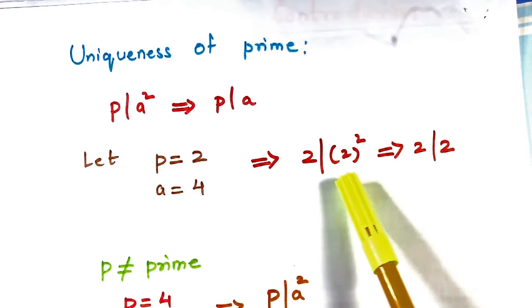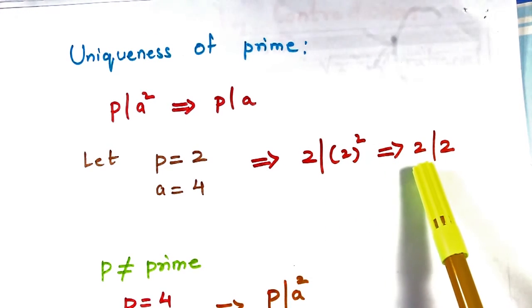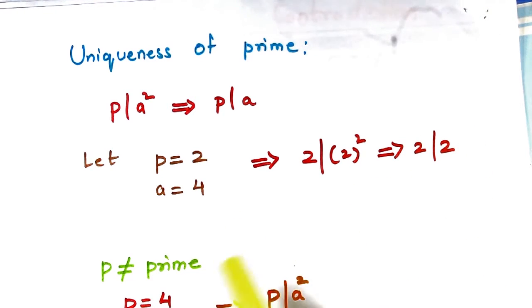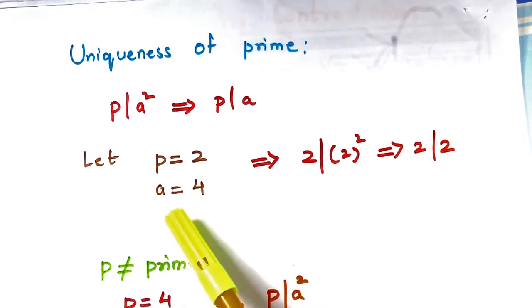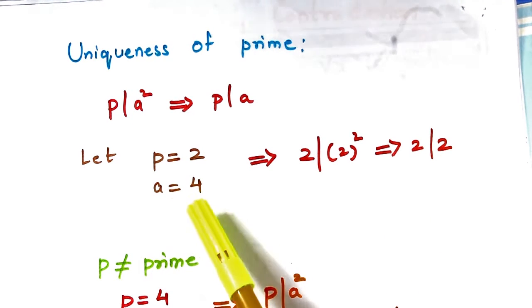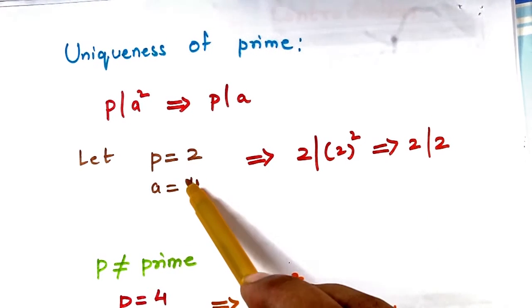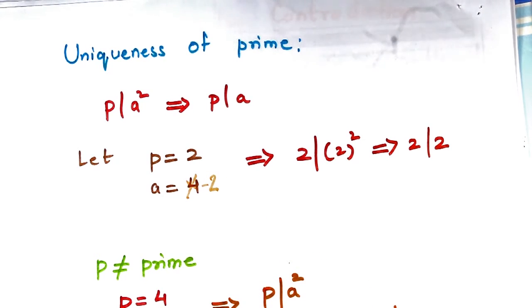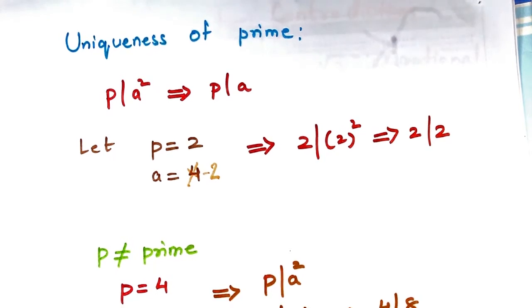So that implies 2 divides 4, that implies that 2 divides 2, that is, 2 divides a. a should be equal to 2 over here. There is a mistake that I wrote 0 over here. It is equal to 2. Alright.